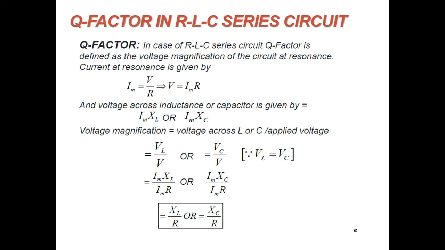In the RLC circuit, the Q factor is defined as the voltage magnification of the circuit at resonance, and the current at resonance is I_m, which is equal to V upon R. Taking the cross multiplication, V is equal to I_m into R, and the voltage drop across the inductor and capacitor is given by I_m X_L or I_m X_C.